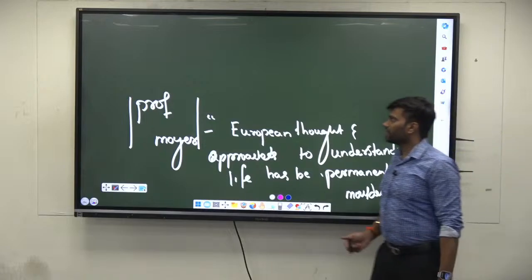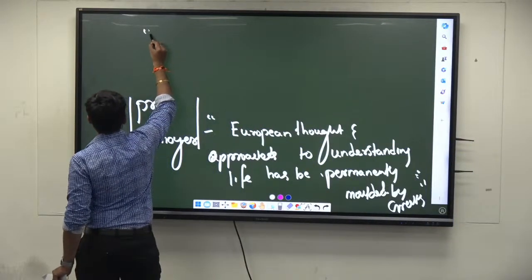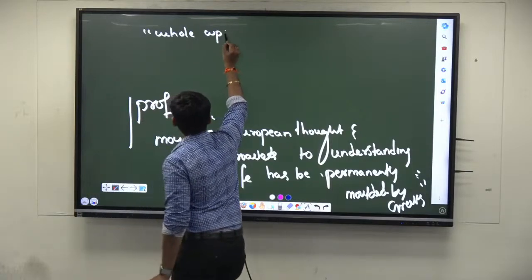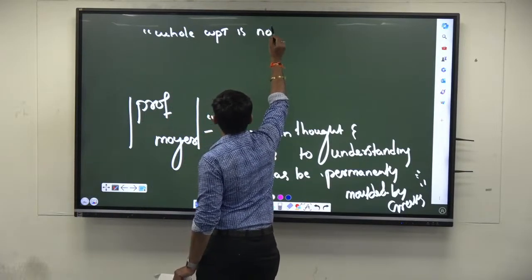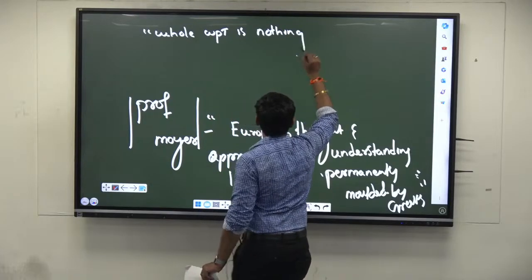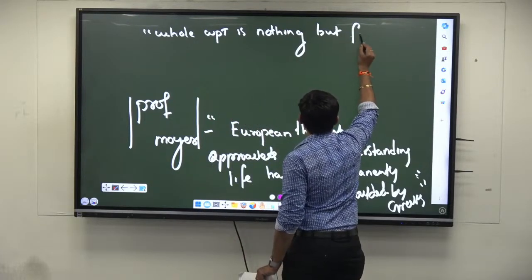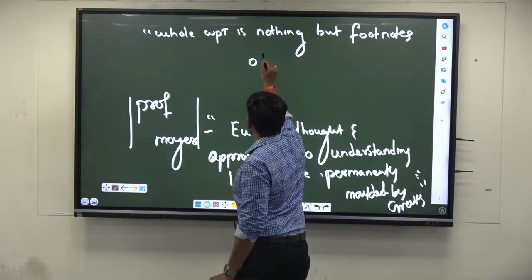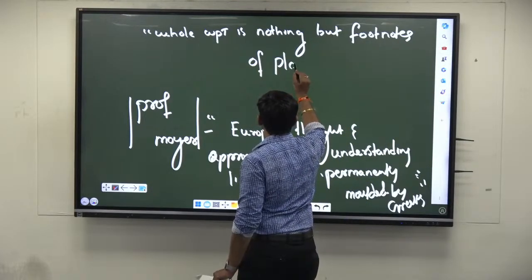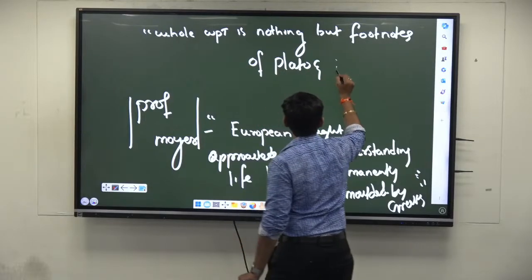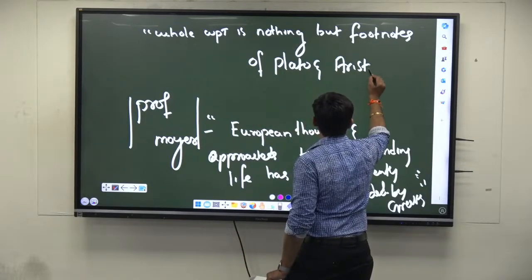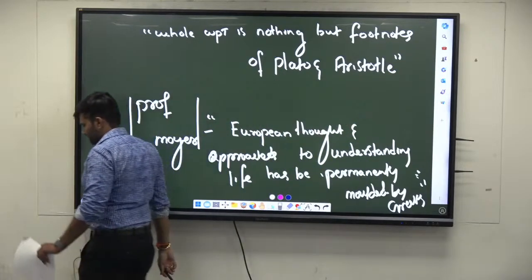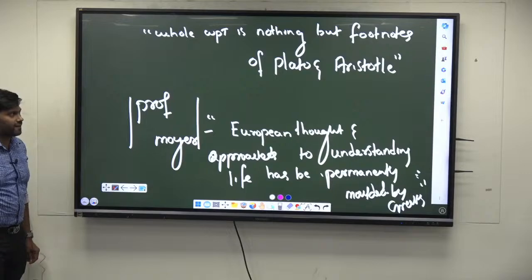And that is why we say that the whole Western political thought is nothing but footnotes of Plato and Aristotle.